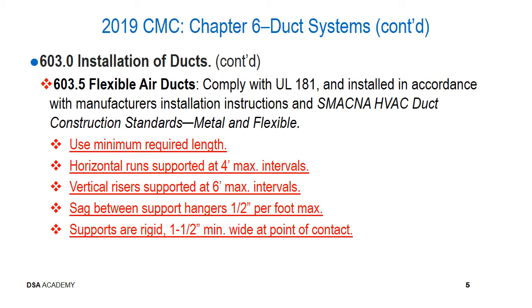And the sag that is permitted in flexible ductwork between support hangers is 1/2 inch maximum per foot. Additionally, supports for flexible ductwork are required to be rigid, 1.5 inch minimum wide at the point of contact.